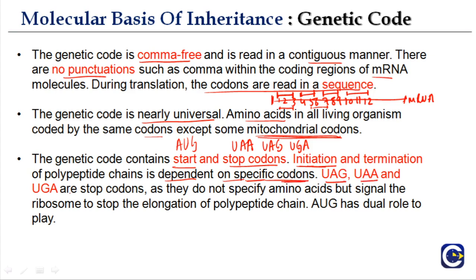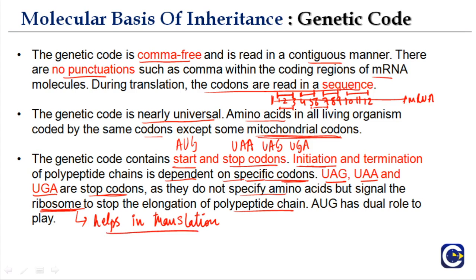UAG, UAA and UGA are stop codons, as they do not specify amino acids but signal the ribosome to stop elongation of the polypeptide chain. What is a ribosome? We will see very soon what a ribosome is. A ribosome is basically a structure that helps in translation. In the next and subsequent parts, we will study more about ribosomes.